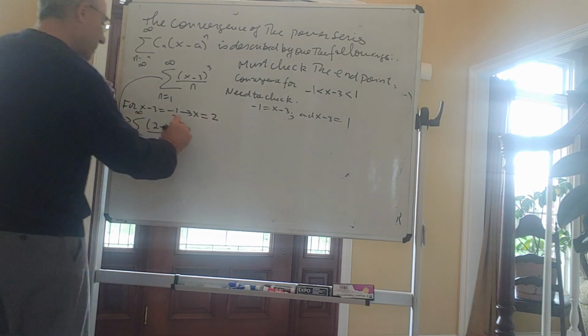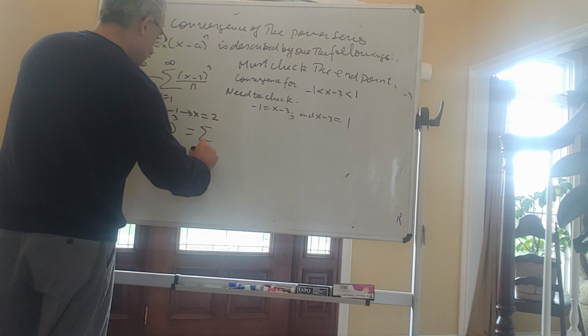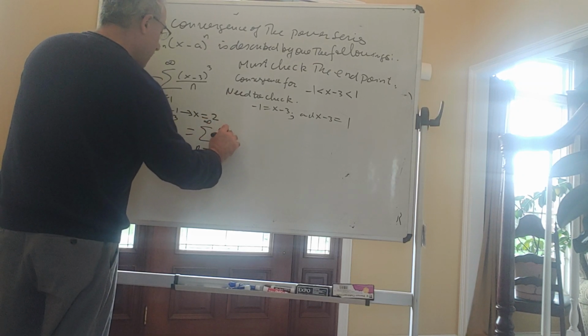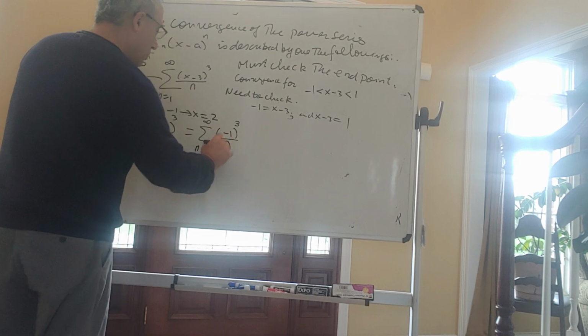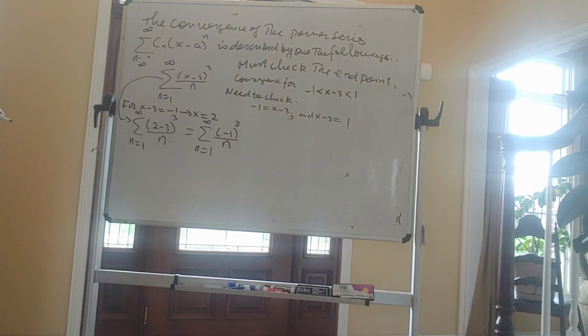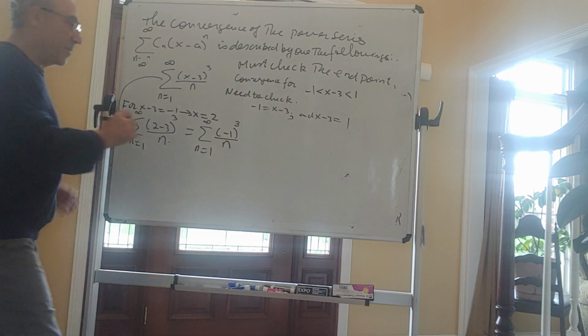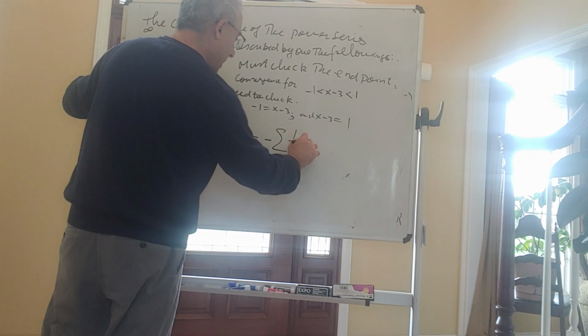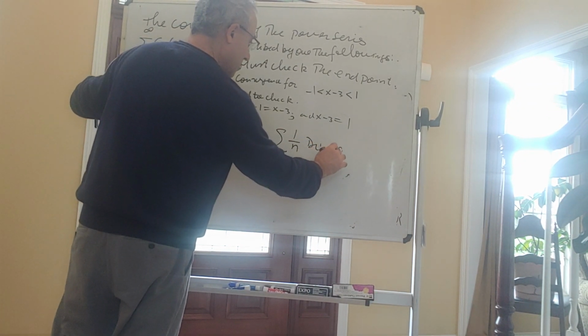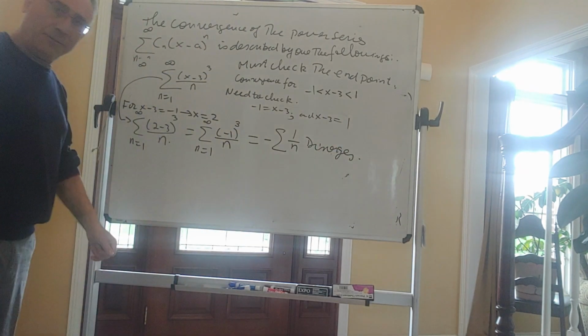And what do we have? The sum from n equals 1 to infinity of (minus 1)^n over n. And that is minus 1 over n, which diverges. We know that, right?